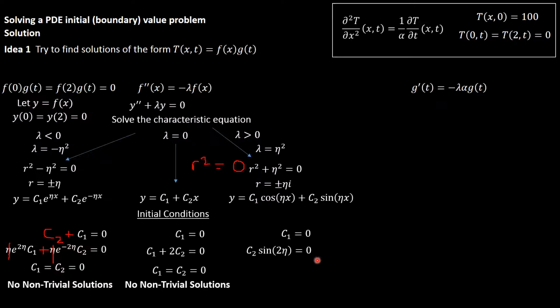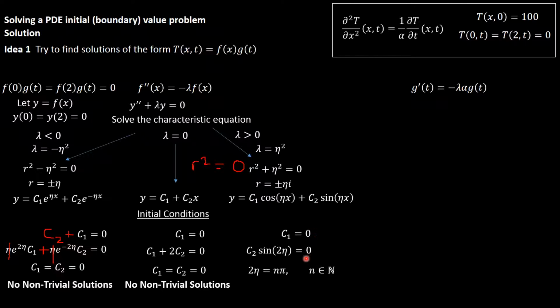Now I ask you, does that mean that C2 is 0? It does not. Usually it would mean that C2 is 0, but it's also possible that sine 2 eta is 0. If sine 2 eta is 0, then we're allowed to take non-zero values of C2.